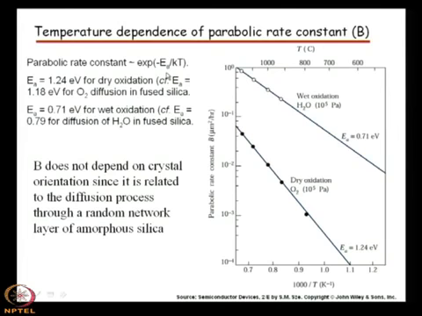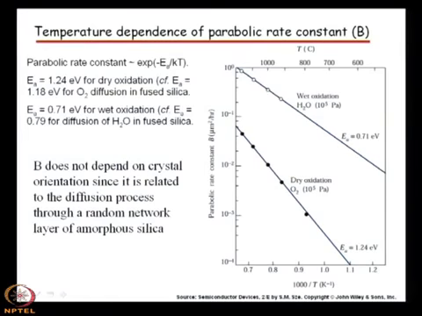As usual, to calculate the activation energy in such a process, we must take help of the Arrhenius plot. On the x axis you plot 1000 upon T, and on the y axis you plot the rate constant, be it parabolic or linear, to calculate the activation energy. That is a standard technique, and here also we have plotted 1000 by T on the x axis and the parabolic rate constant on the y axis.